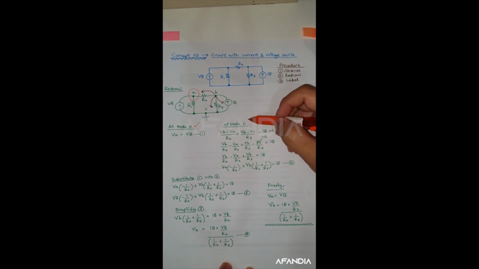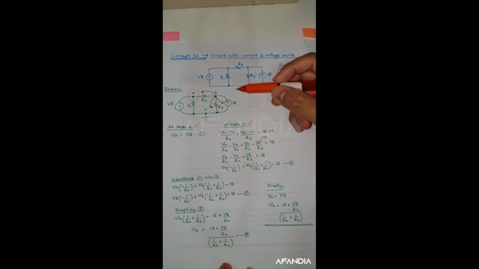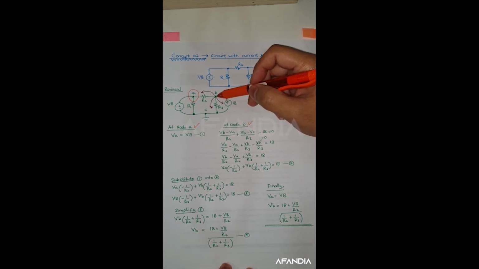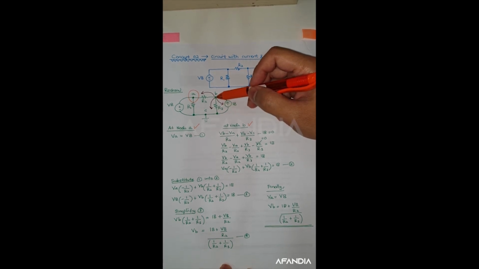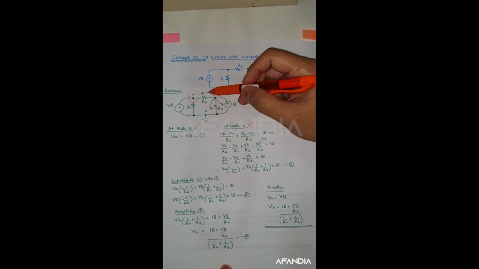When we move to node B, which is here, we assume three different currents from three different junctions: the first one, second, and third.